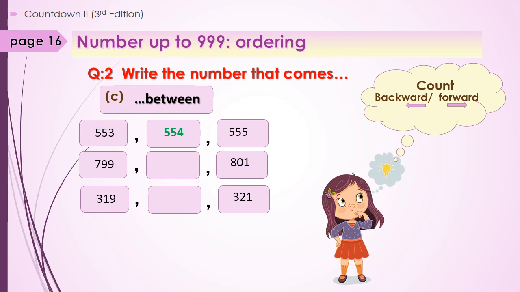Similarly, 800 is the number which comes after 799 and comes before 801. And we can get the next answer by counting forward from 319 or by counting backward from 321.